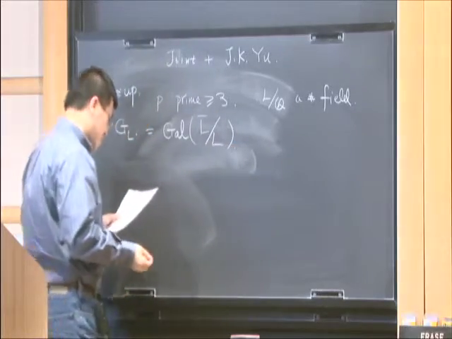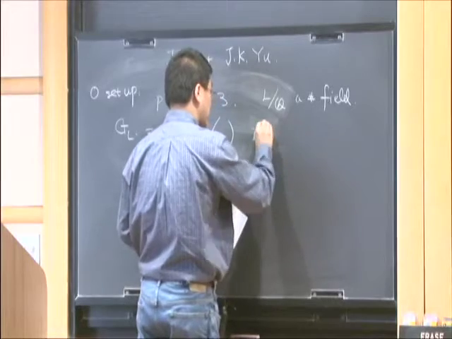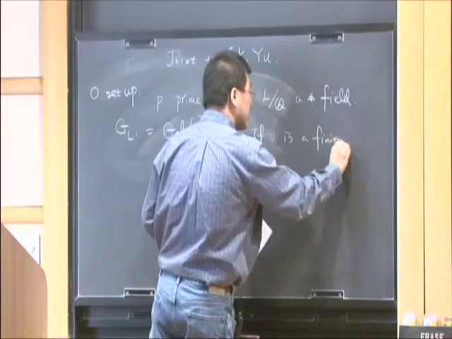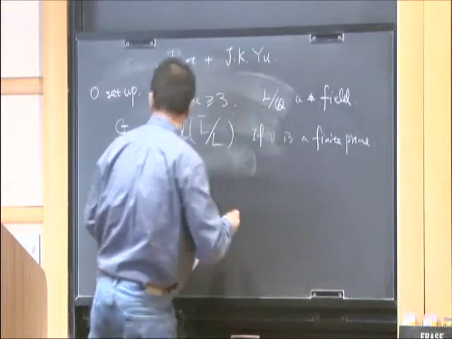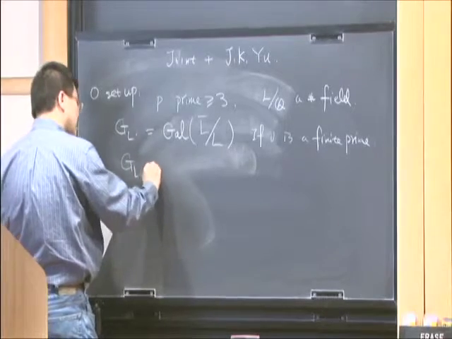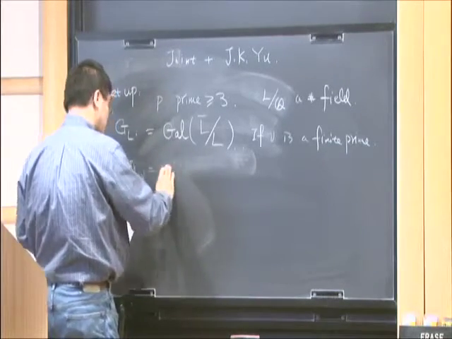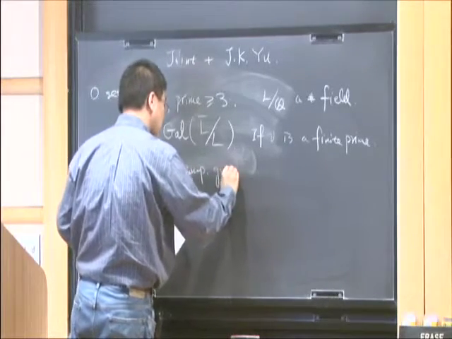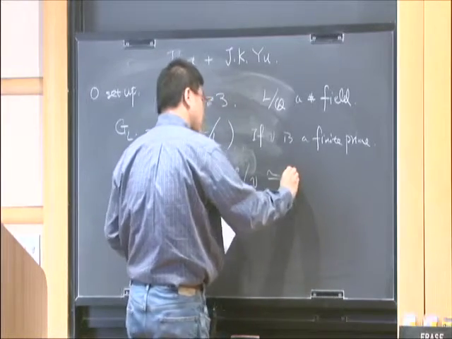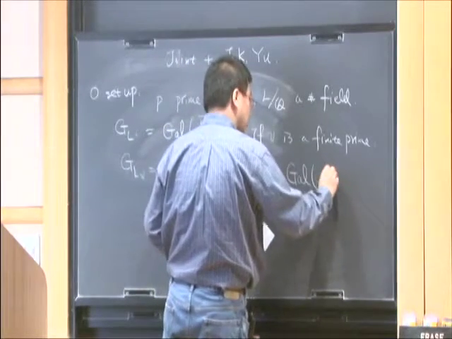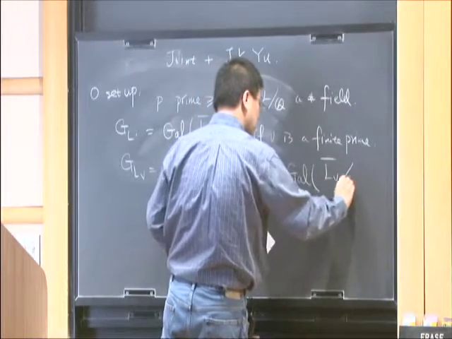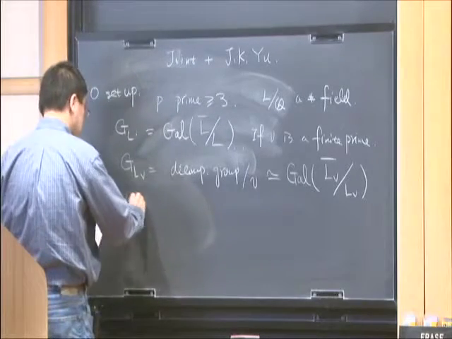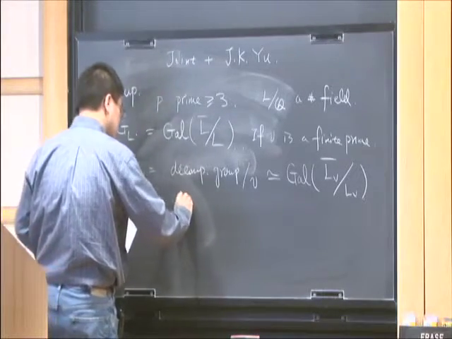If v is a finite prime, then I denote G_{L,v} as the local Galois group, the decomposition group at v. We know this is isomorphic to the Galois group of the local field. And c inside G_Q will be some complex conjugation.